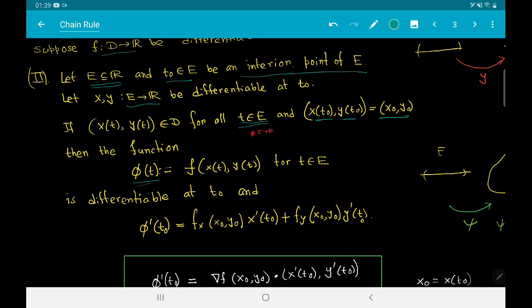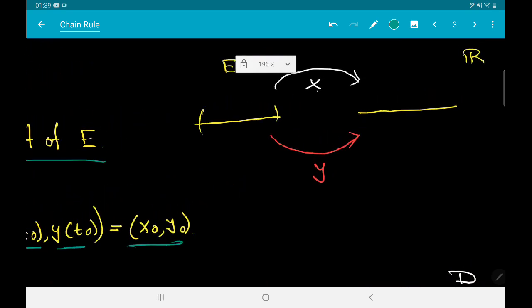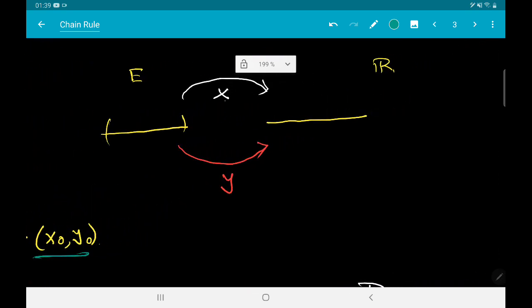So let me explain what we are saying. I have to begin with a subset of R which I call E. Again, pictures are misleading. Do not get a feeling that E has to be an interval. It can be any subset of R. So I have two maps, x and y. Let's say a white map which is x and a red map which is y.